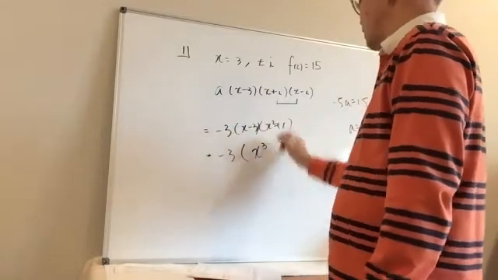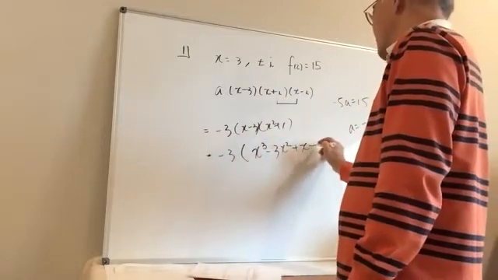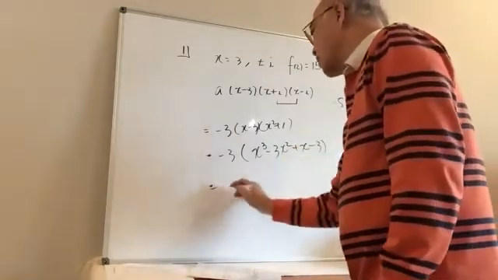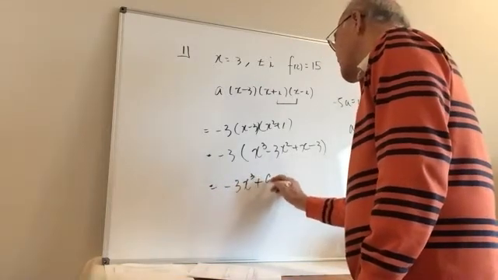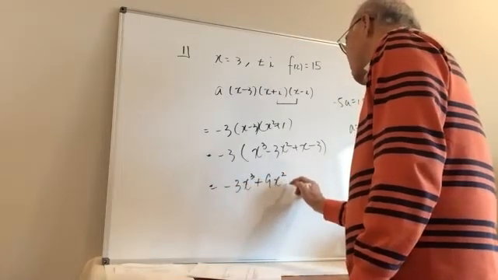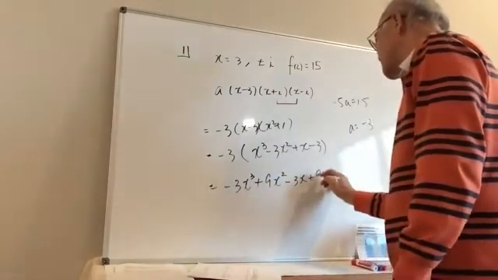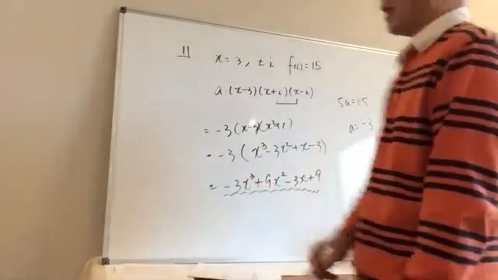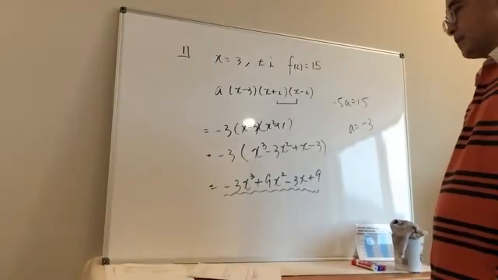If I do here, I get -3x squared plus x minus 3. So I just do the -3 out, I get -3x cubed plus 9x squared minus 3x plus 9. So this here would have been your answer. This would have been the full credit answer.